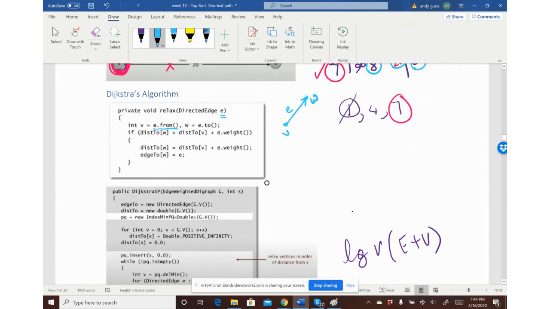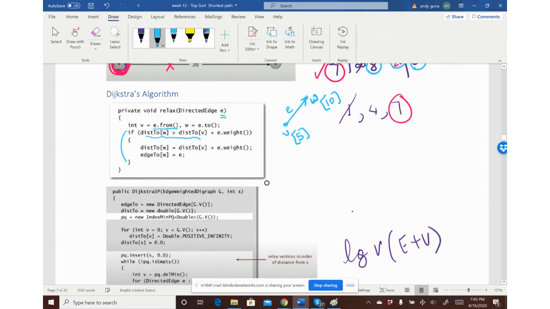So what this does is essentially that distance calculation. It says distance to W compared with distance to V plus the weight of the edge. So let's say that distance to W is, I don't know, 10. Distance to V is 5.